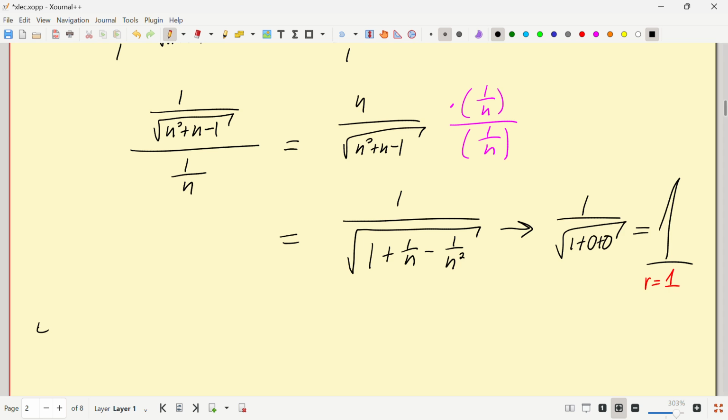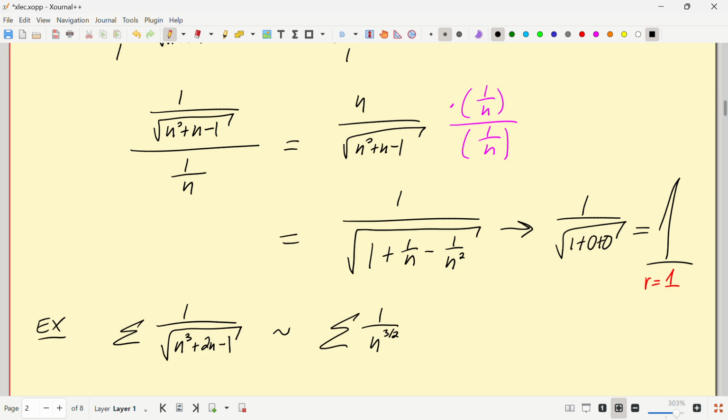Another quick example is similar. Let's take a sum of 1 over n times the square root of n cubed plus 2n minus 1. Then the series to compare it with would be 1 over n to the 3/2, because the stuff subtracting, 2n minus 1, is small in comparison to n cubed.